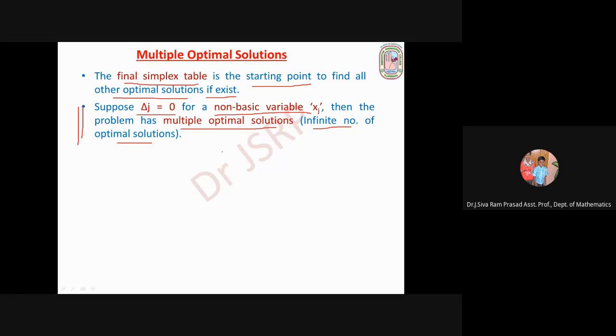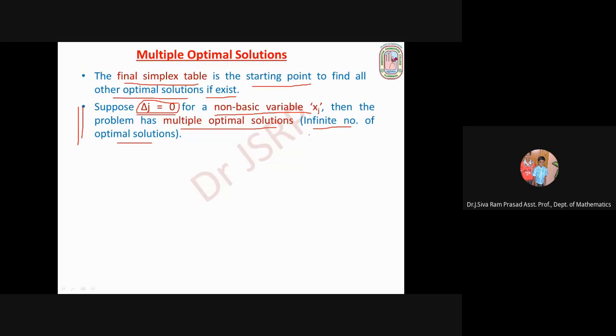Keep in mind, I have already told you, delta j value is 0 for all basic variables, in any simplex table. But for a non-basic variable in the final simplex table, if its delta j value is 0, in that case the problem has multiple optimal solutions.